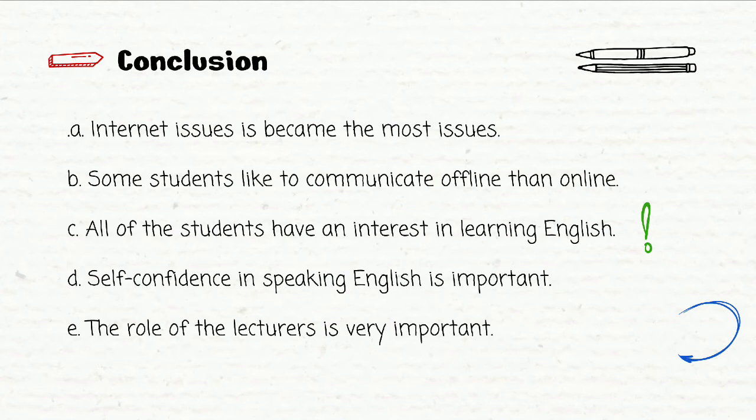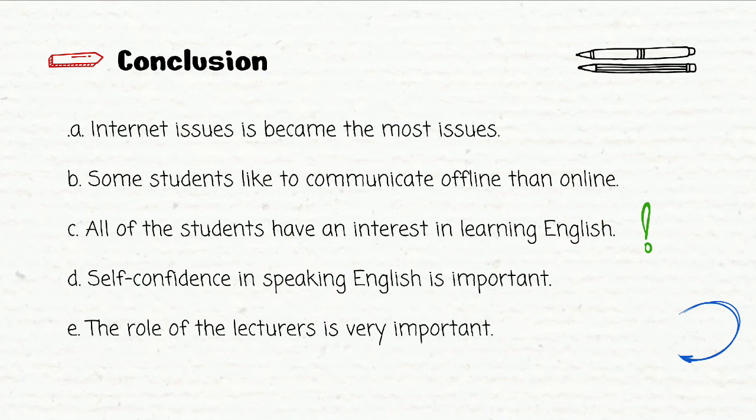Point B is some students like to communicate offline rather than online. This can be explained because by talking offline, we can be face to face with the person we are talking to and pay attention to their gestures.